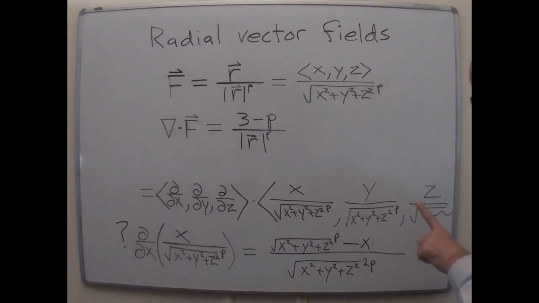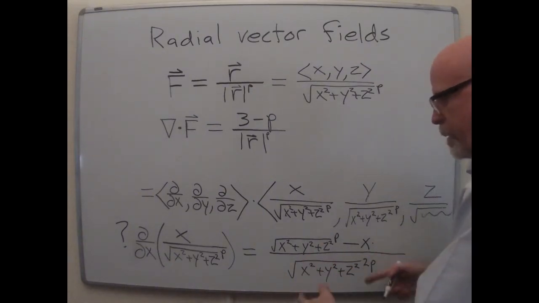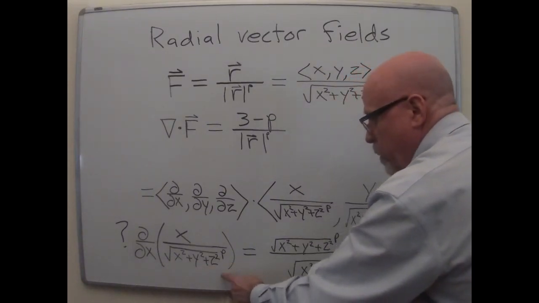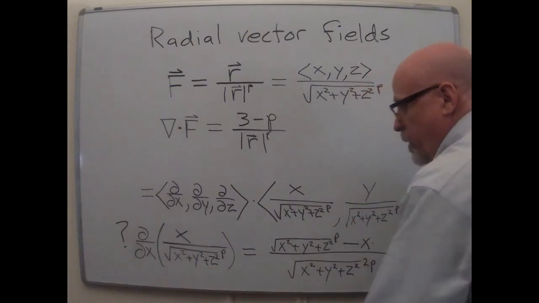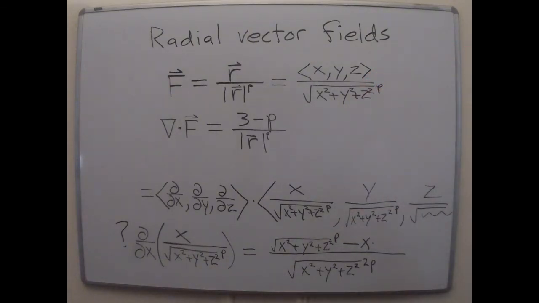Right, now remember we're taking the derivative here with respect to x, right? So we're looking at the derivative of this thing that's in the bottom, but the y's and the z's are going to act like constants. All right, we have something to the p power, so we'll have p times that something to the p minus 1 power. The something in there was radical of x squared plus y squared plus z squared.